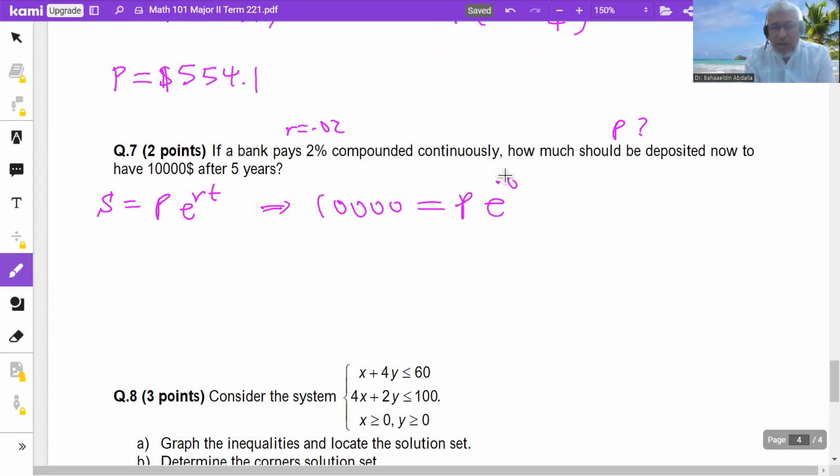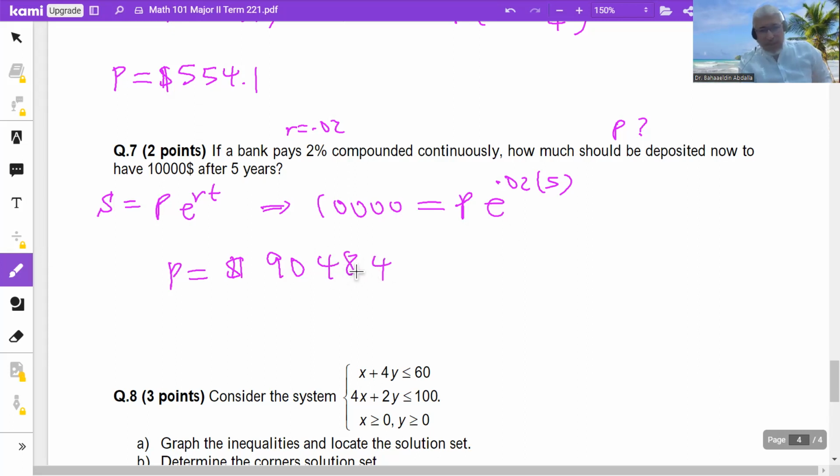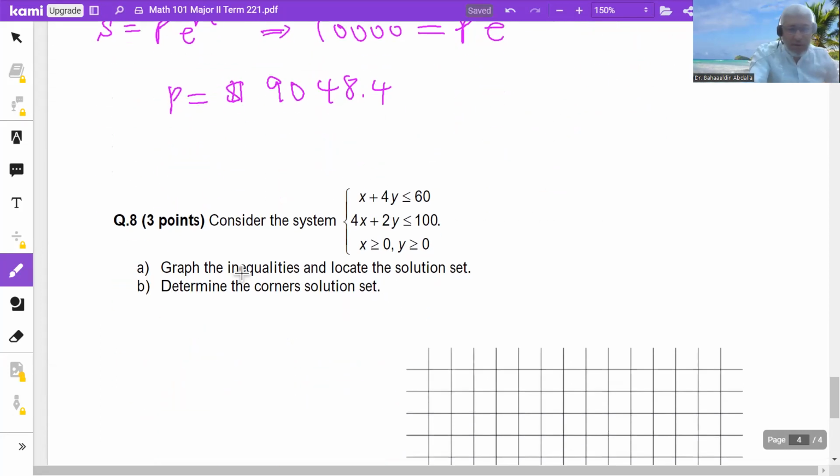So R is 0.02 and T is 5. And again, you can find P by 10,000 over this number, evaluate by the calculator and check that the number in dollars is 9048.4. So this is the money needed now to be deposited to get 10,000 in 5 years continuously.